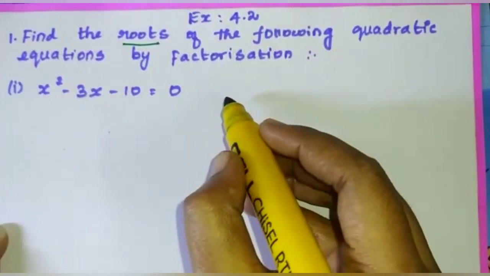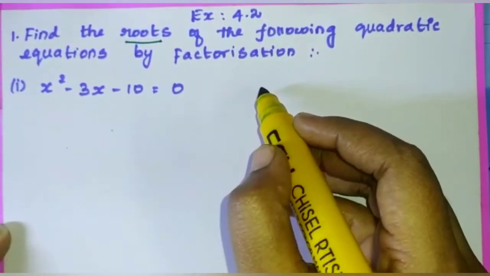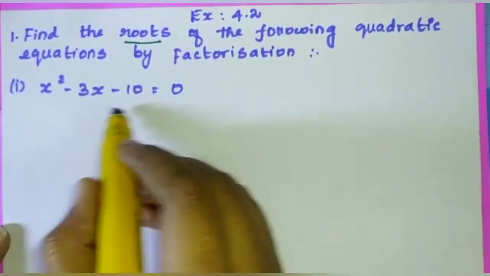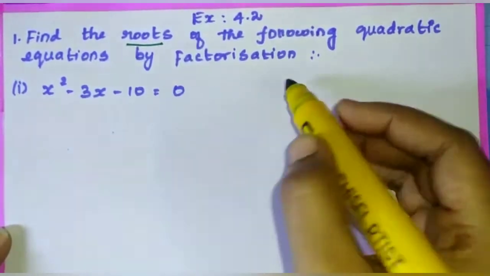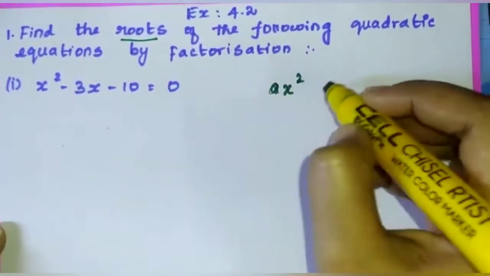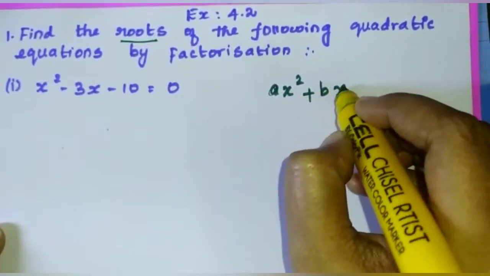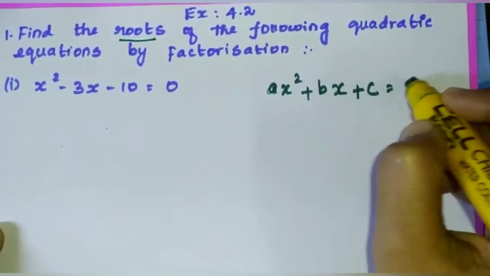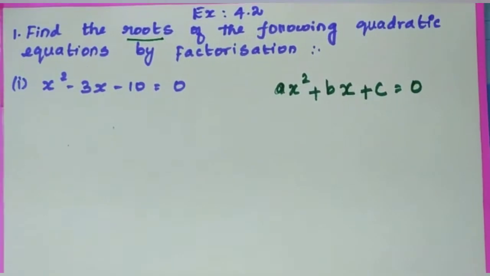So first we have to compare the given quadratic equation with the general form ax square plus bx plus c is equal to 0.